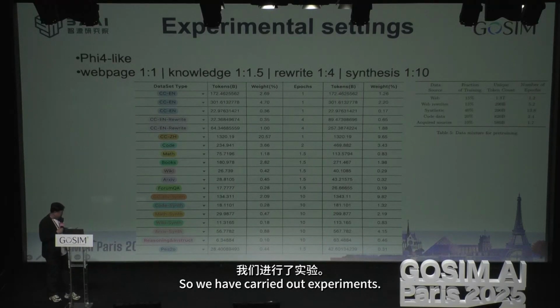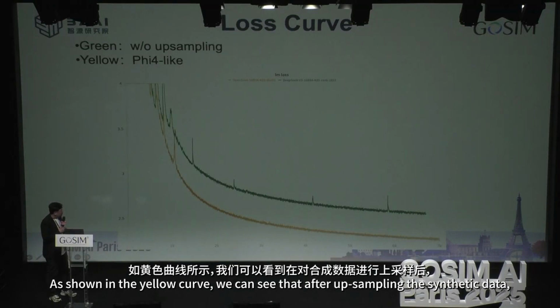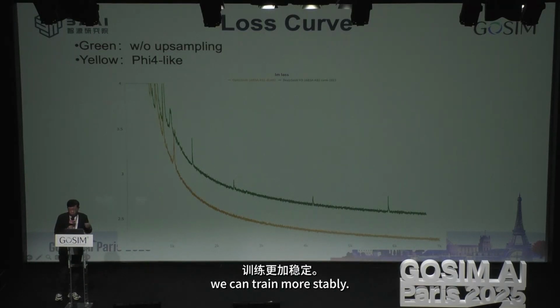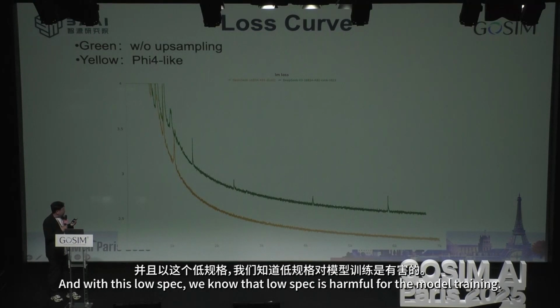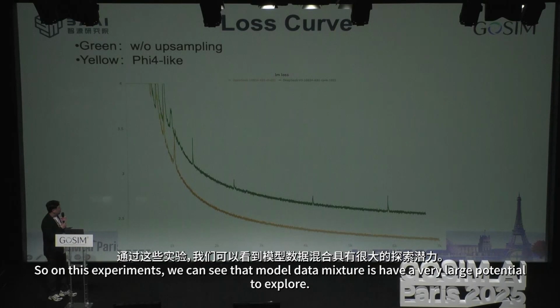So we have carried out experiments. As shown in the yellow curve, after upsampling the synthetic data, we can train more stably. And with no spike, we know that spikes are harmful for model training. Under these experiments, we can see that the data mixture has a very large potential to explore.